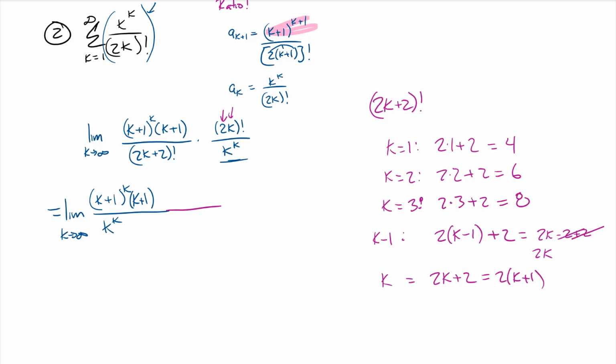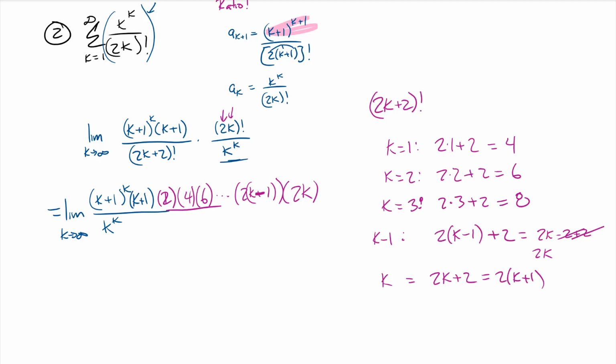So let's start with 1, that's going to be 2, times the next one is 4, then 6, dot, dot, dot, all the way up to 2 times k minus 1 times 2k.